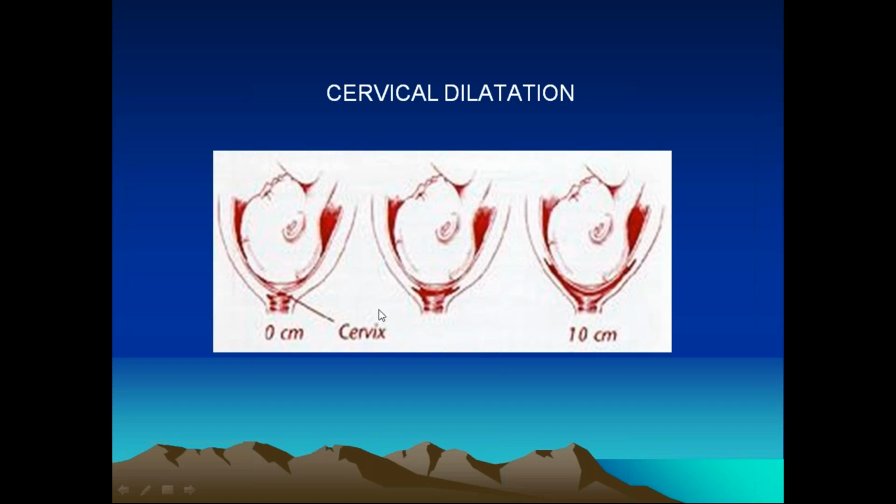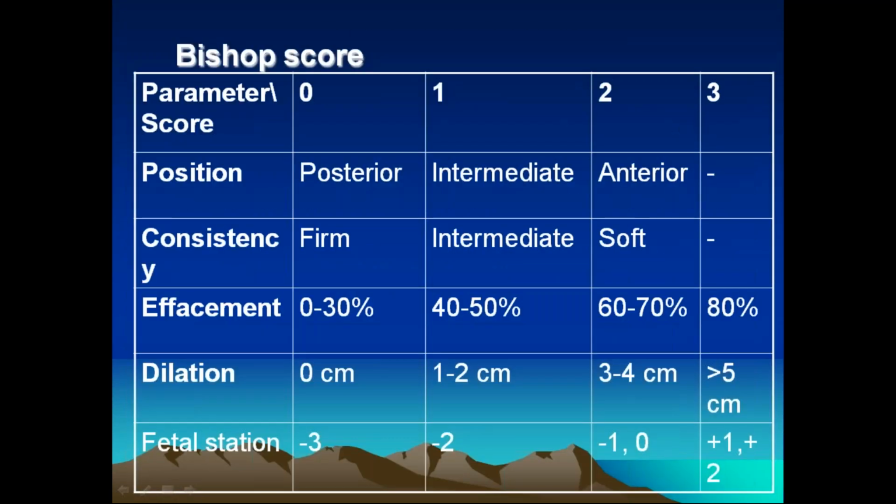With the progression of labor, there is some dilatation of the internal os, and finally it is almost fully dilated, about 10 centimeters, so that the fetal head can be delivered. So dilatation is 0 centimeters, 1 to 2 centimeters, 3 to 4 centimeters, and if it is more than 5 centimeters, we'll give a score of 3.